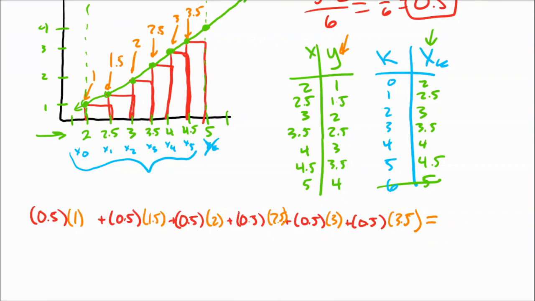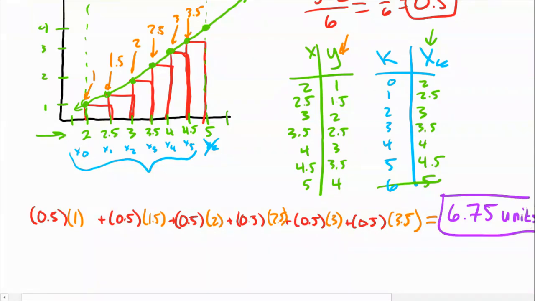Now again, problems like these you'll probably get calculators for, so you can just plug this into a calculator. You could get each individual one if you want, or just plug it all in one big string of things, which is what I did. And I ended up getting my area of 6.575 units squared.